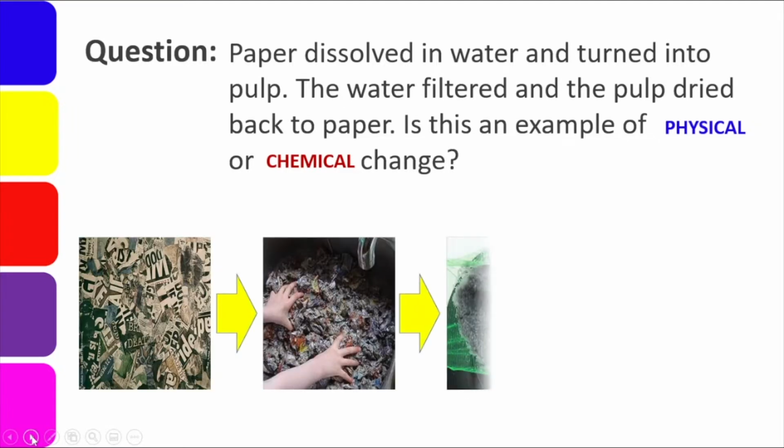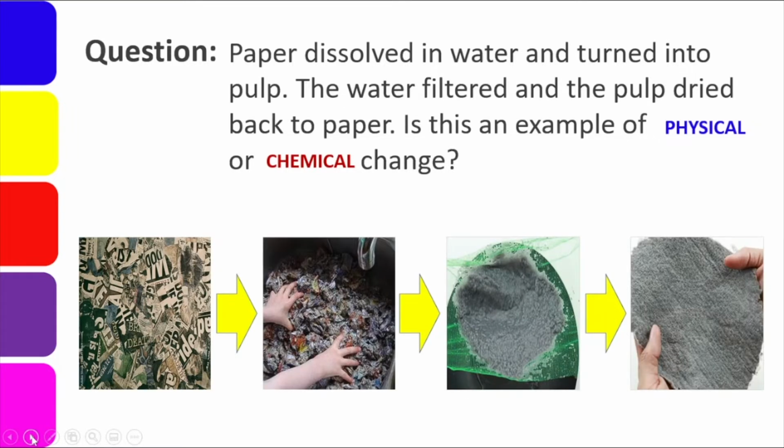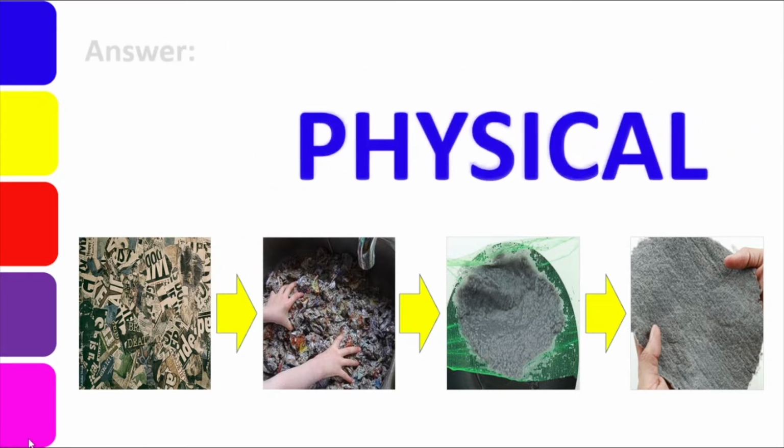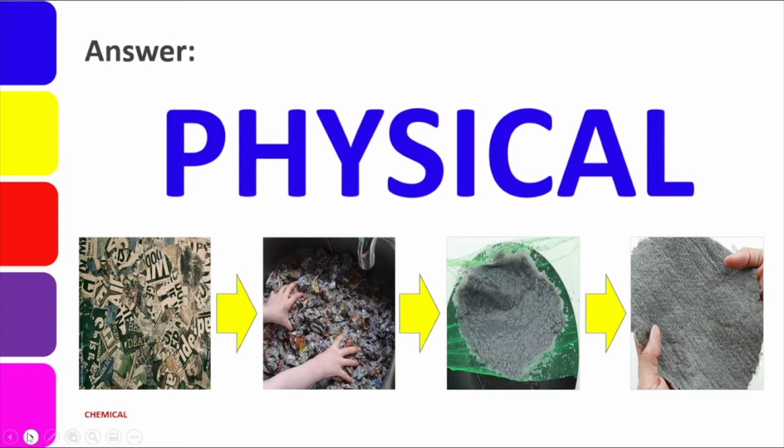Katulad nito, for example, yung mga punit-punit na mga dyaryo, binabad sa tubig para maging durog, tapos salain mo at pag pinatuyo mo, even though hindi na siya kamukha nun dati, it is the same composition. Papel pa rin siya. This is an example of physical change, medyo complicated nga lang dahil naging iba na ang kanyang itsura even though it is the same composition.